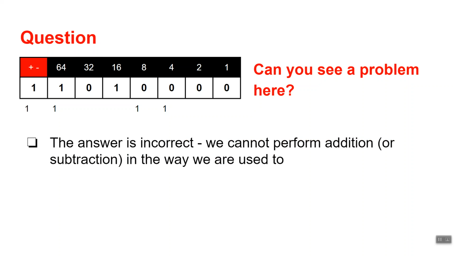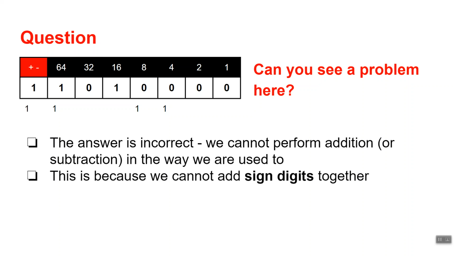The problem is that using sign and magnitude for negative numbers, we can't perform addition or subtraction as we might normally do. The reason is this left-hand digit, because we've treated that as a numeric value, as a power of 2, and that's affected the result.